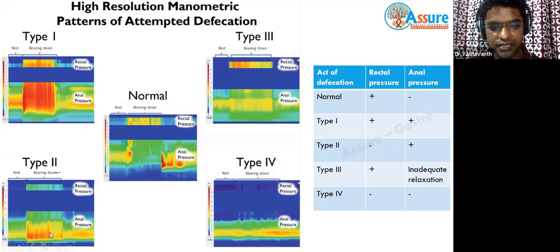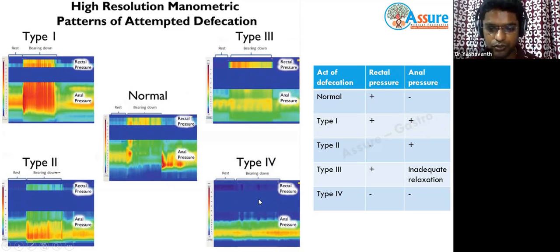Anal pressure will increase. Type 3, the rectal pressure will increase, but anal pressure won't decrease. So the patient will need more stool to overcome this. In this, after significant straining, they will be able to pass.